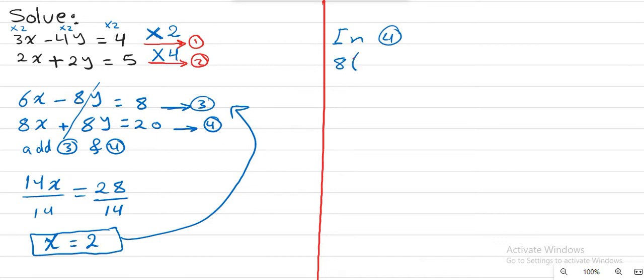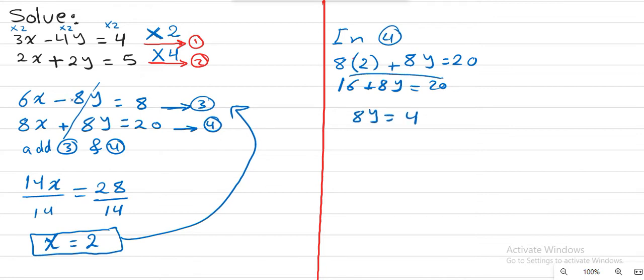So 8, put x with its value, plus 8y equal 20. 16 plus 8y equal 20. Move 16 to the other side, so 8y equal 4. Divide by 8, so y equal 1 over 2.